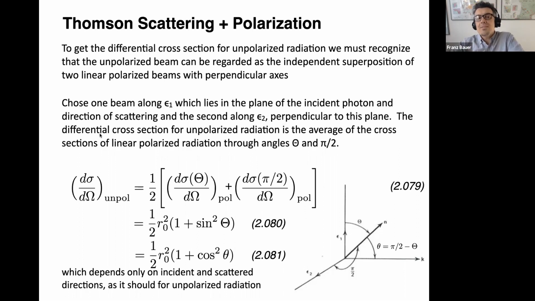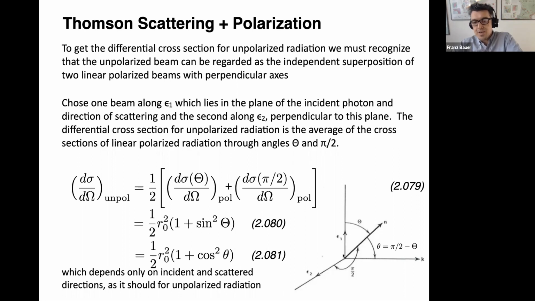And so we can derive a differential cross-section for unpolarized radiation as basically the average of the cross-sections of linearly polarized radiation from these two different sets. And so our unpolarized cross-section as a function of solid angle is just the combination of this thing, so this angle here.